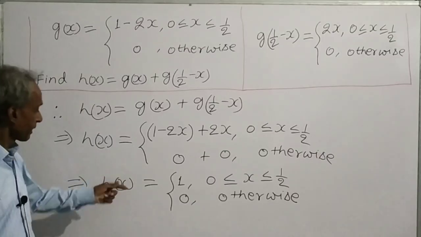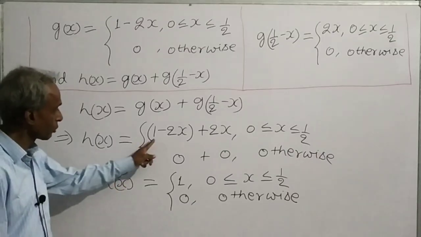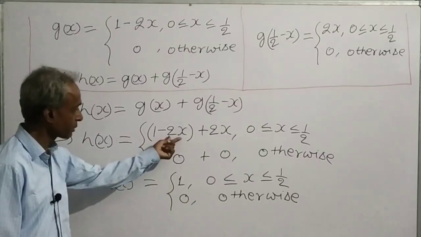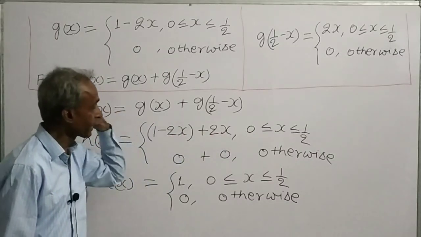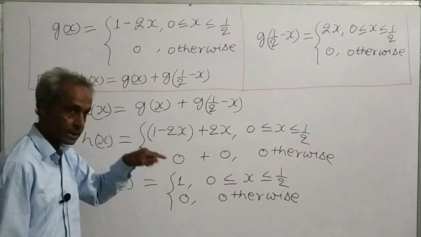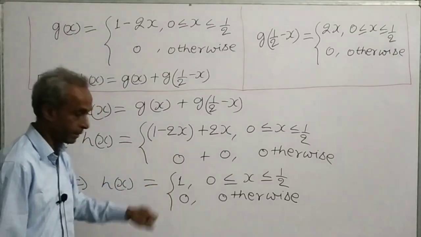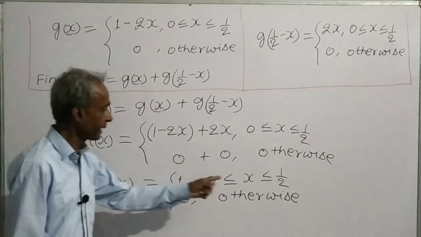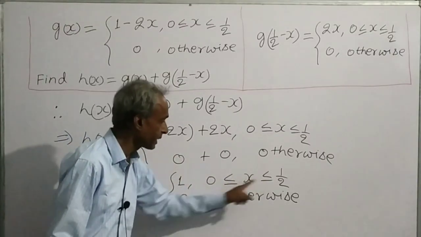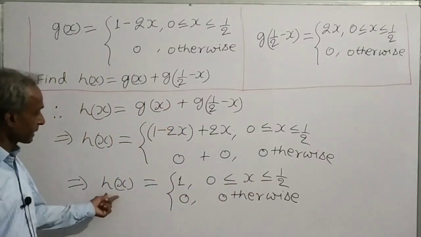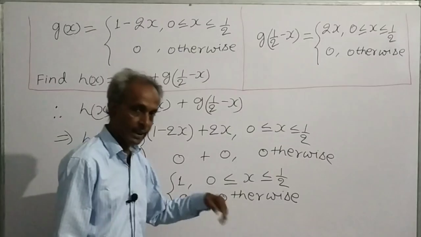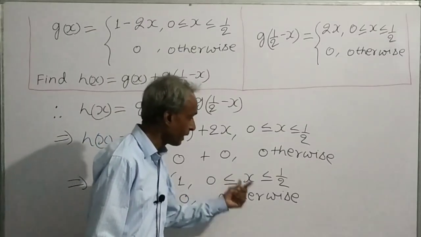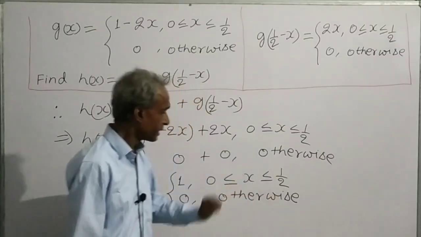Thus we get h(x) is equal to this: 1 minus 2x plus 2x will be cancelled out and there will be left only 1. h(x) is 1 when x lies in this interval and h(x) is 0 when x is in otherwise situation.